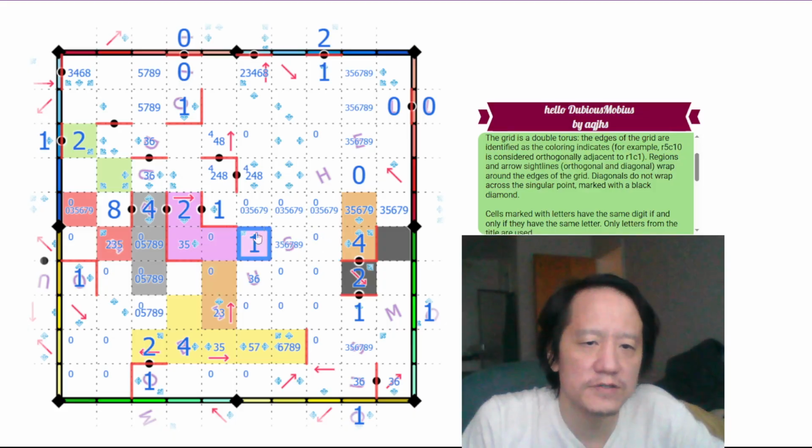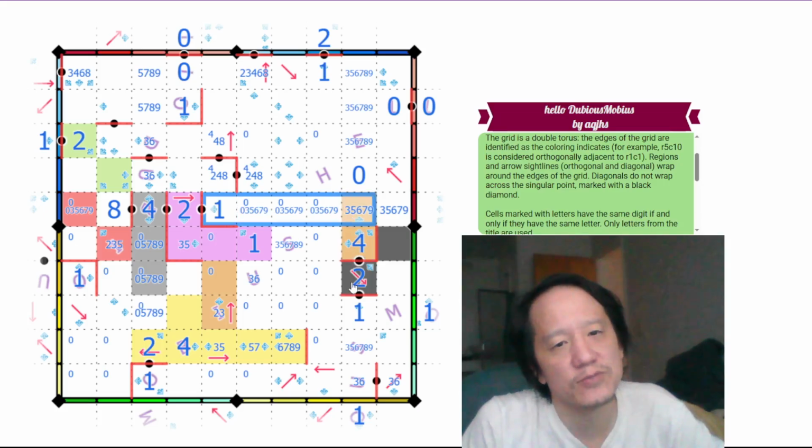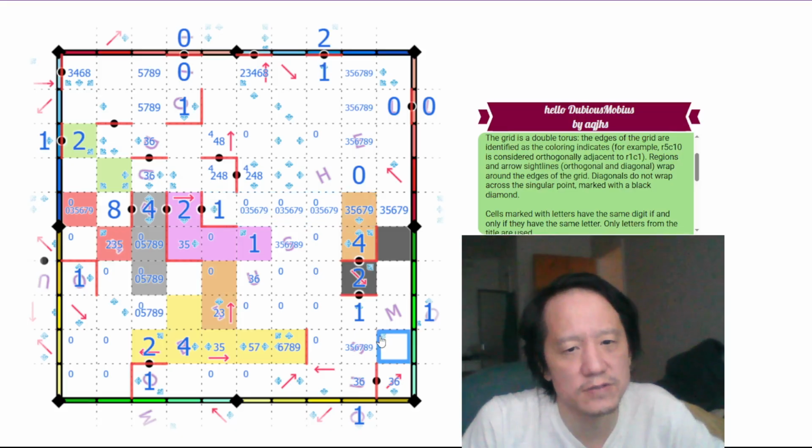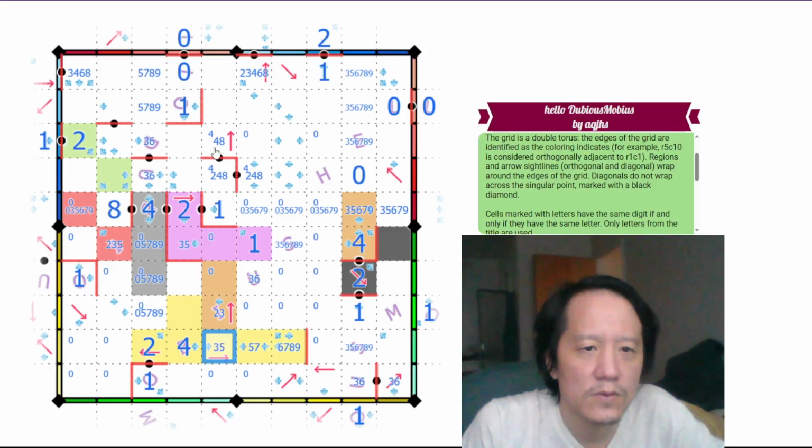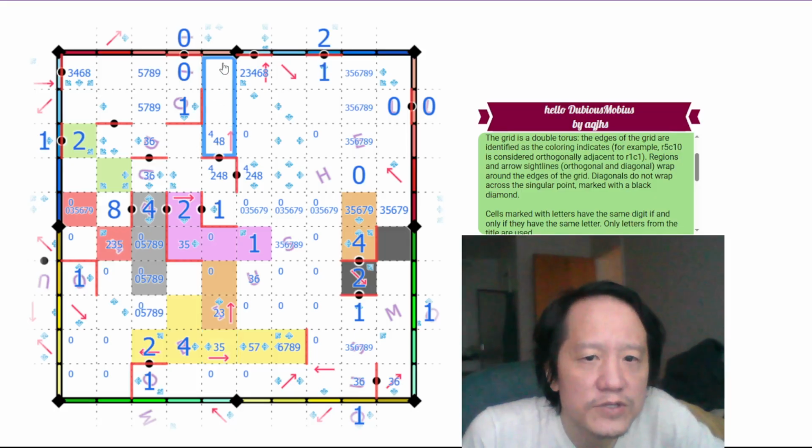So the pink has to go up somewhere here, because we know this is a separate region. Well, I guess this could all be the same region, technically, so that could be the case. This goes to here, which means it goes to here.